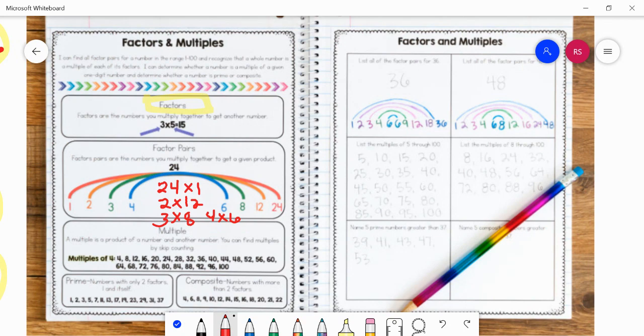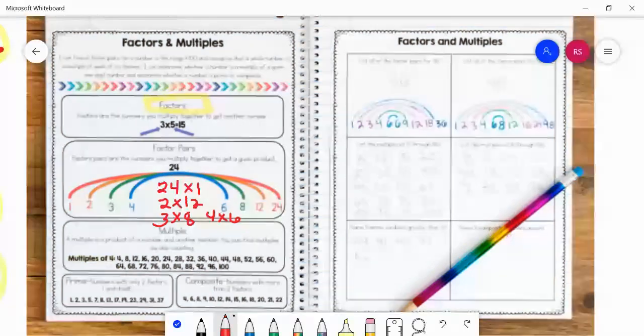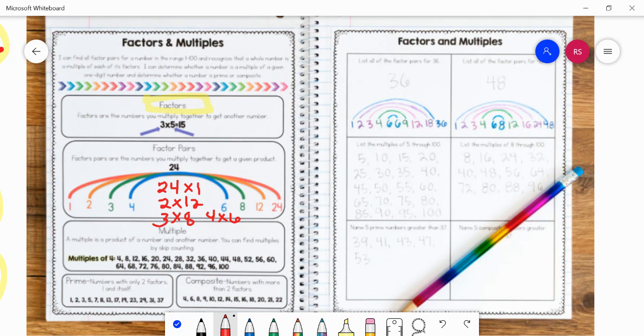So if we're talking about factors, we're talking about two numbers that multiply together to give us a number. Now a multiple, so let's take a look over here. A multiple is a product of a number and another number. So when we're multiplying, maybe if we're finding the multiples of 4, we're going to multiply 4 times 1, by 2, by 3, by 4, by 5, and so on. Or you can also find multiples by skip counting. So let's take a look. They found the multiples of 4.